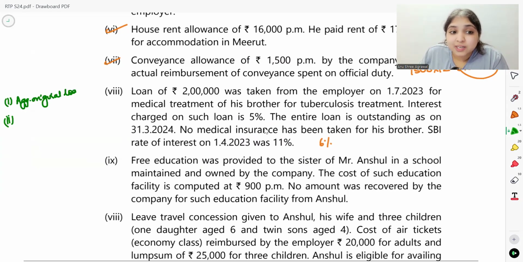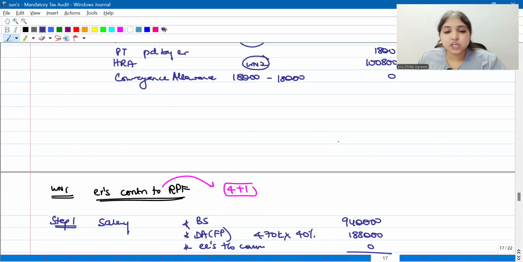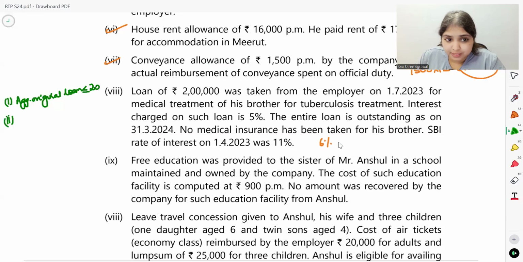If the aggregate original loan taken by the assessee is within 20,000 rupees, then the entire perquisite is exempt, guys. Also, if the loan is taken for medical treatment of a Rule 3A disease, then also it is exempt.